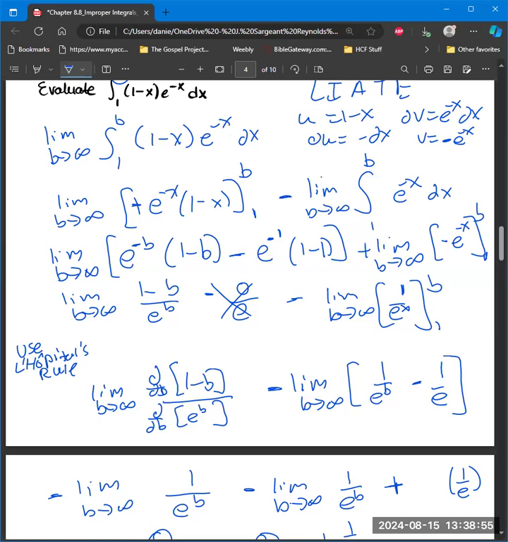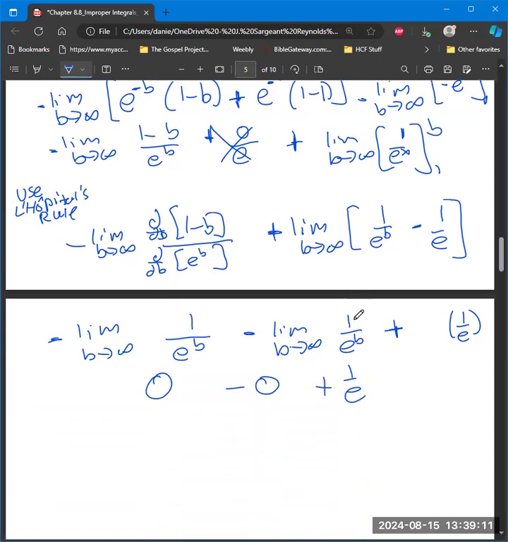All these switch sign here, and then it's going to be plus, minus, plus, minus.